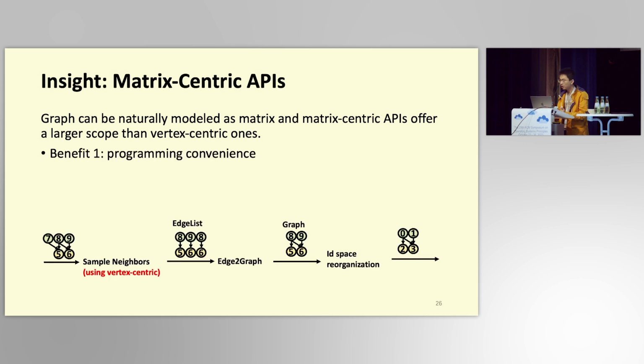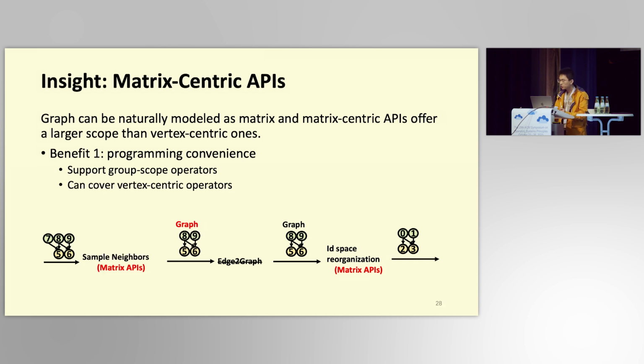The first benefit of this proposal is programming convenience. Thanks to the greater expressiveness of the matrix-centric API, it naturally supports group scope operators. There, the ID reshuffling can be easily specified as a matrix element remapping.